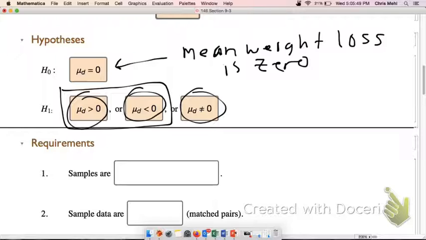The mu sub d equals 0 would mean that there's no weight loss by taking the diet. I don't think the two-tailed test is as fitting in that particular context, but we'll see when those apply.